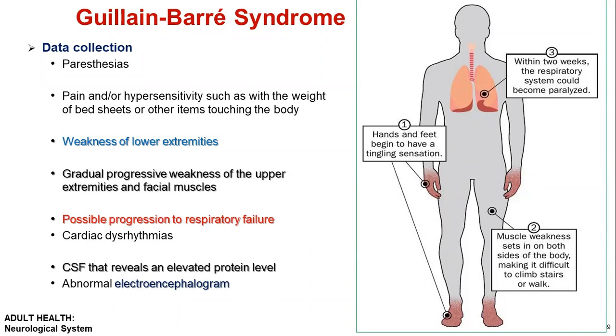So for an RN or LPN, the first priority is to monitor the respiratory system. If untreated, the patient develops cardiac dysrhythmia. For diagnostic criteria, we have to check the CSF, which reveals an elevated protein level, and also an abnormal electrocardiogram.